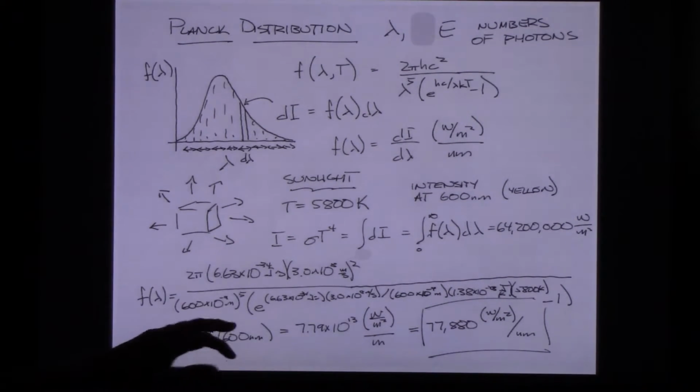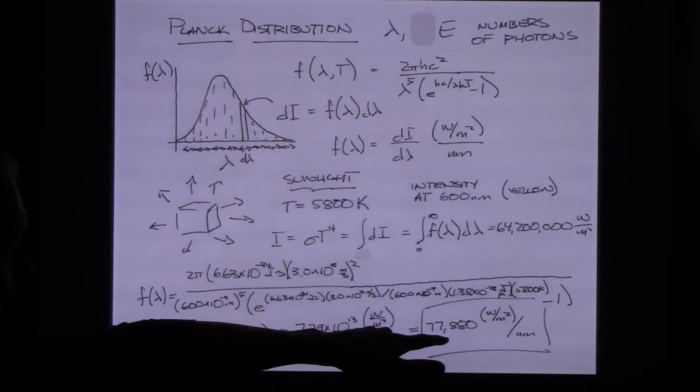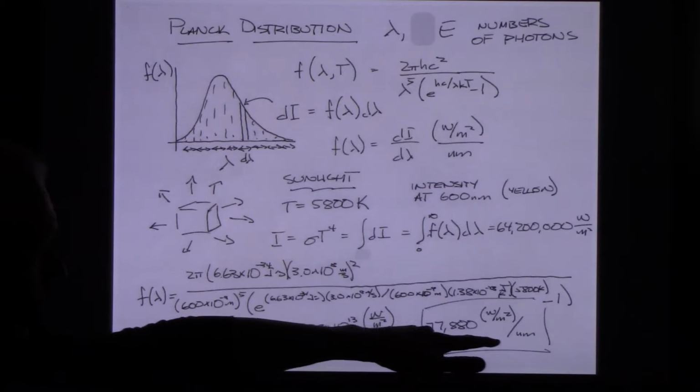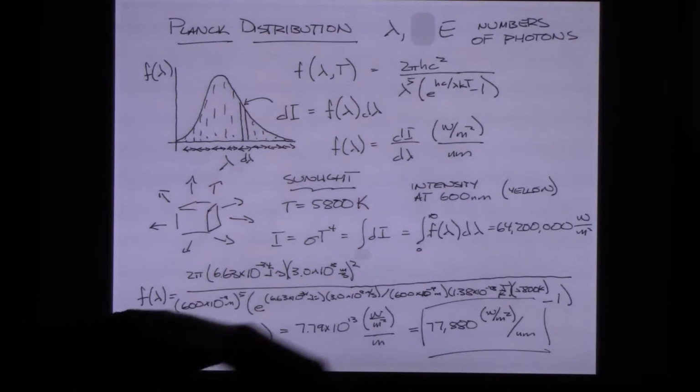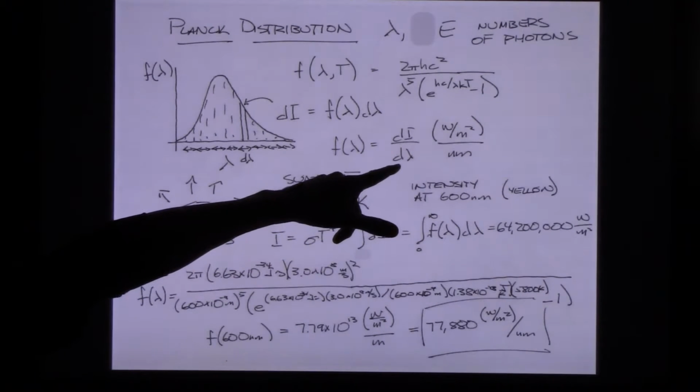So for this particular wavelength I ended up with 77,880 watts per square meter per nanometer of wavelength. So it's got that extra per nanometer of wavelength in the units.